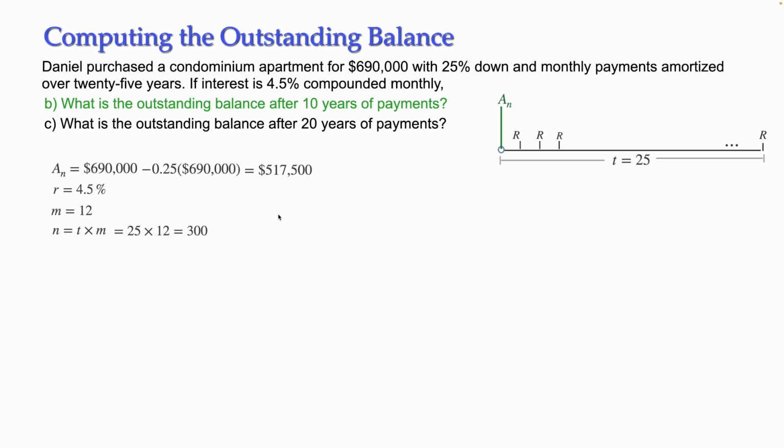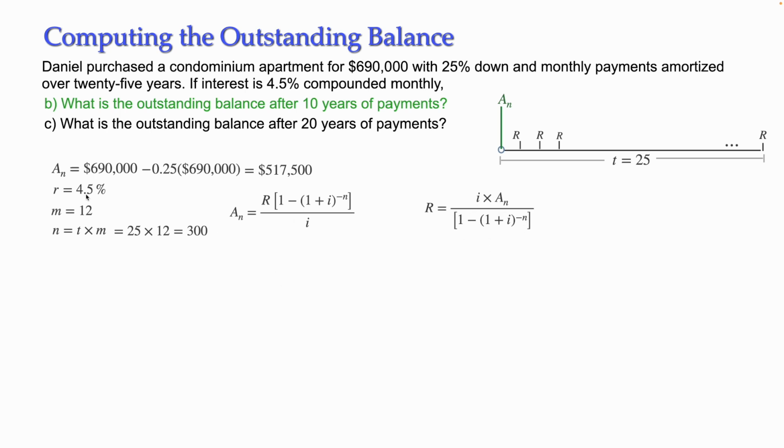The formula of the present value of the annuity, we know, is this. Because we are trying to get the periodic payment, we solve for R. If you solve for R, you need to cross multiply and divide by this factor. So R will be equal to I times AN divided by 1 minus (1 plus I) to the power negative N. Make a substitution of all these values.